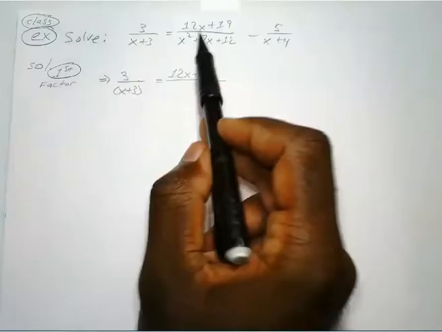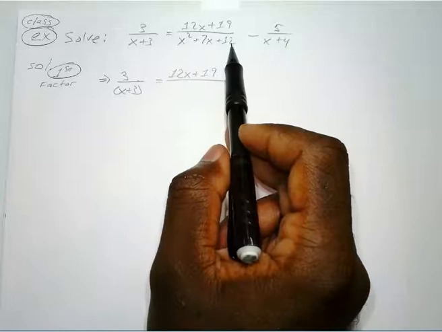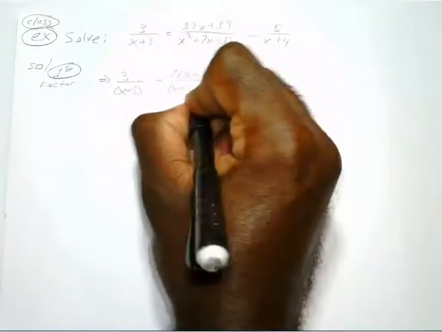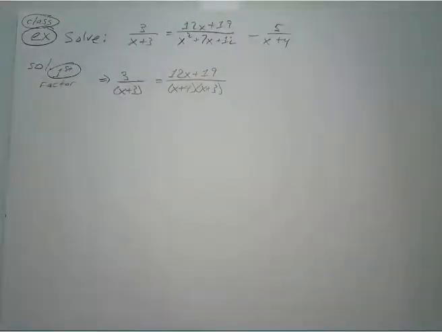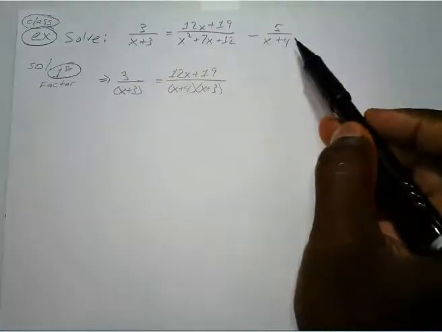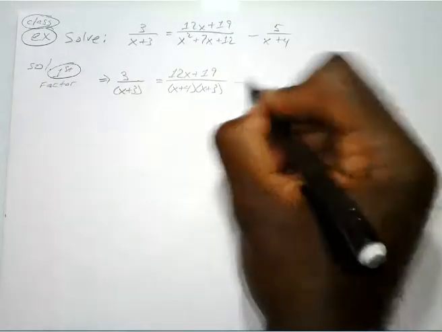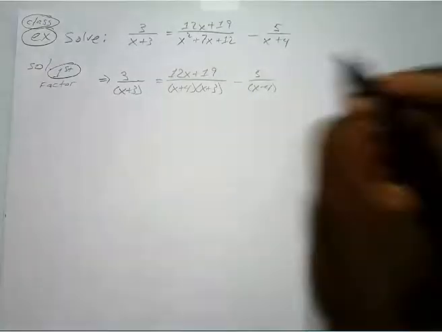Okay. Now x squared plus 7x plus 12, you can actually factor that into x plus 4 times x plus 3. And 5 over x plus 4, that's pretty much the same. You don't really have to change that. So you have 5 over x plus 4.